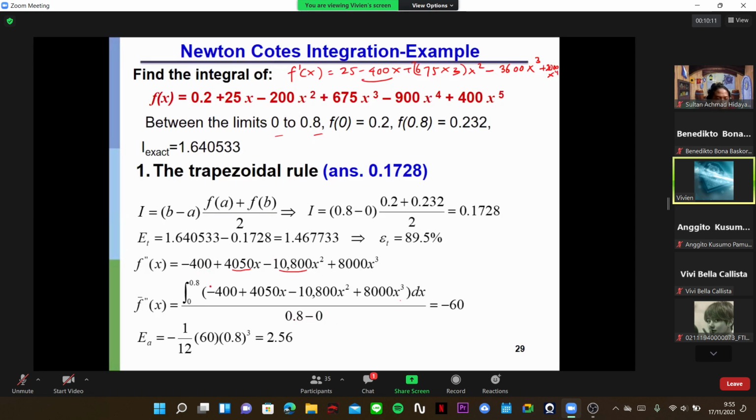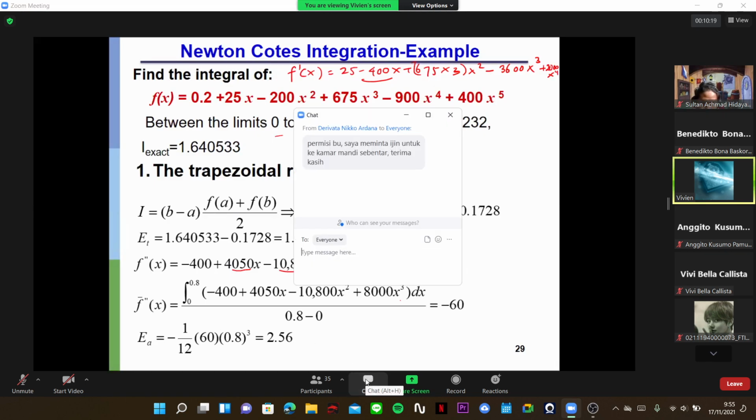If we want to find the third derivative, we will calculate the third derivative here.